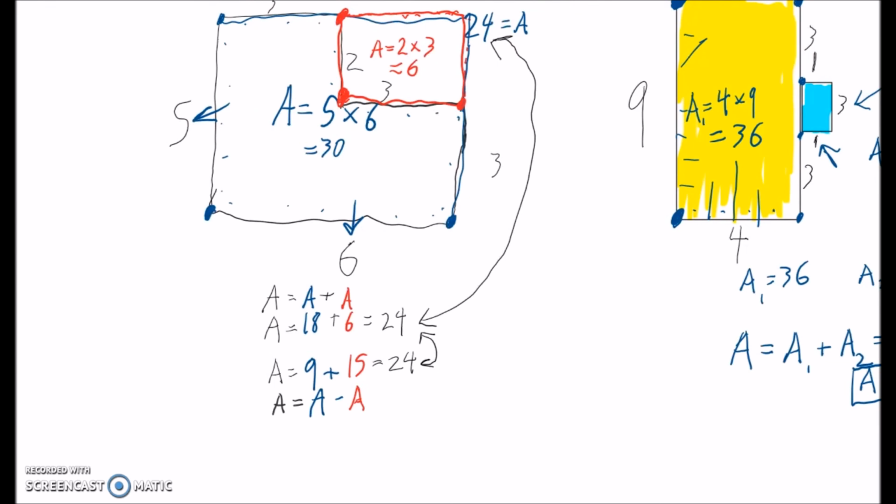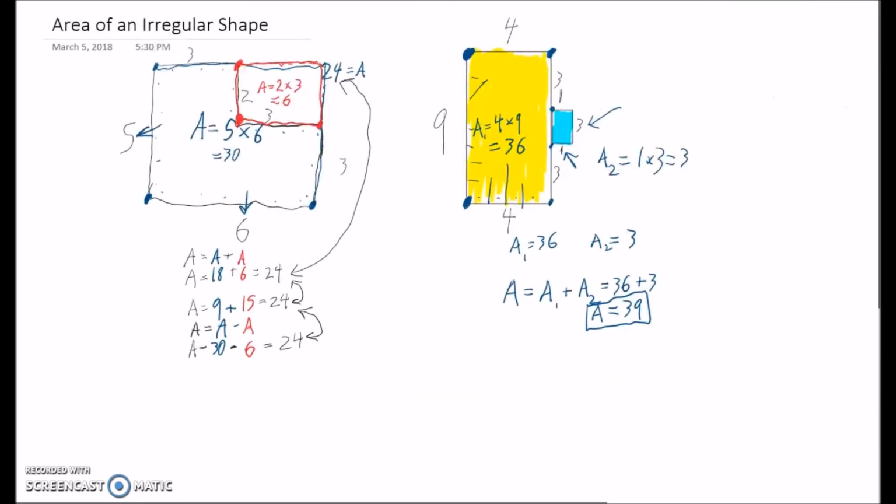So our subtraction here, our red area is the 6, our blue area is the 30. So if we're doing it this method, we find 30 minus 6, and that equals 24. And finally, there we have it. Our last final way of doing this rectangle. So these are two different irregular shapes.